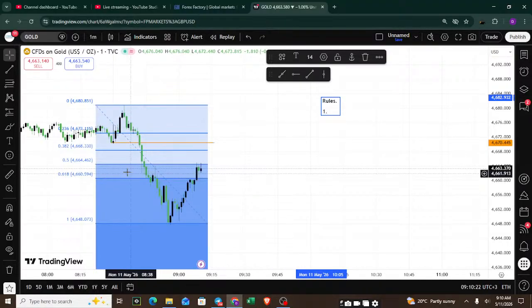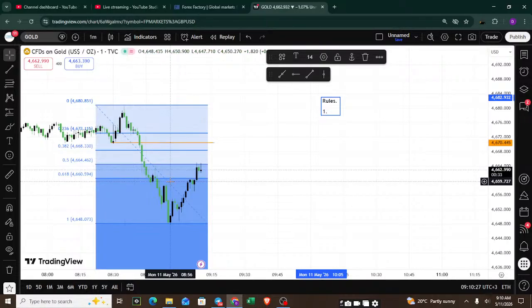So this setup of ours was formed from 8:35 a.m. up to 8:56 a.m., and that is the structure we shall use. So we must identify the structure first.